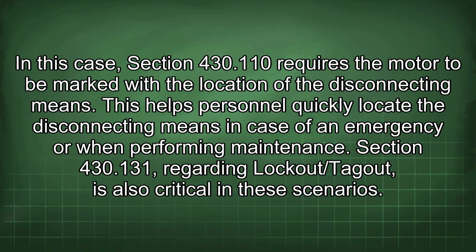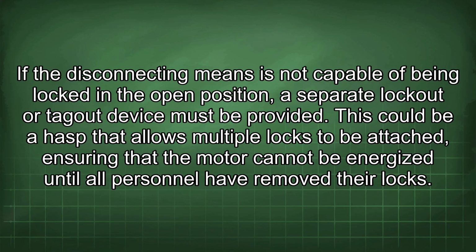Section 430.131 regarding lockout/tagout is also critical in these scenarios. If the disconnecting means is not capable of being locked in the open position, a separate lockout or tagout device must be provided. This could be a hasp that allows multiple locks to be attached, ensuring that the motor cannot be energized until all personnel have removed their locks.